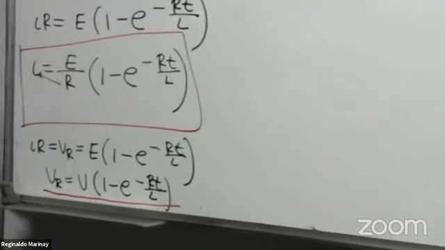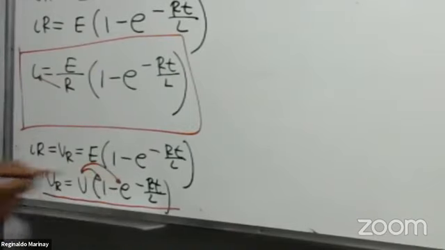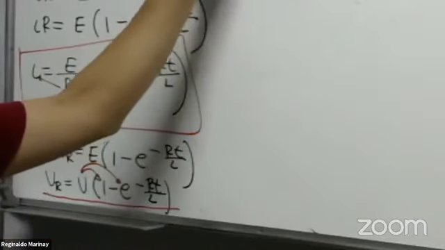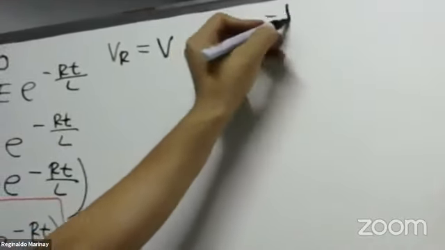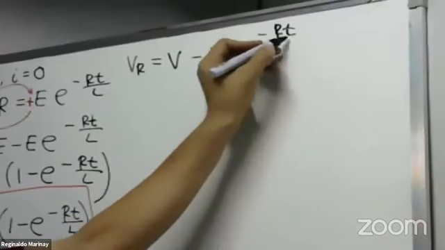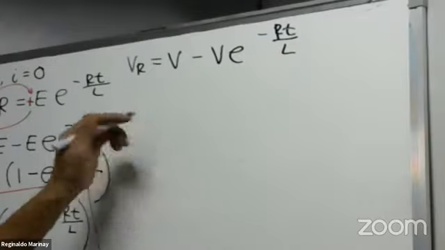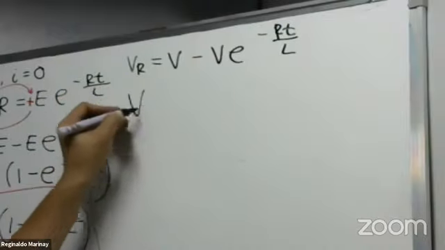I will distribute this total voltage here. So, the equation would be VR equal to V minus V E raised to negative Rt over L. Now, I will transpose this. This is VR, this is total voltage.